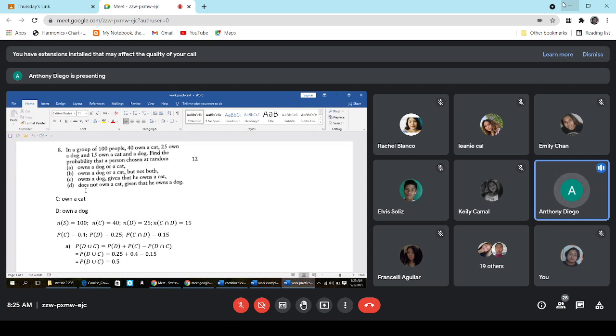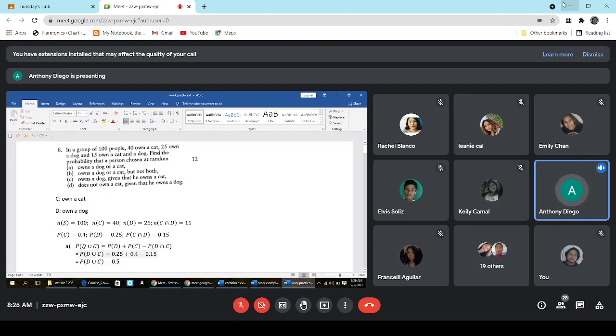So in this case, they're asking us to find the probability that a person owns a dog or a cat. Based on the information being provided here, we also know that there are some people that own both a cat and a dog. So we will be using the probability rules for combined events for part A. So we have the probability of dog union cat, because or means union.